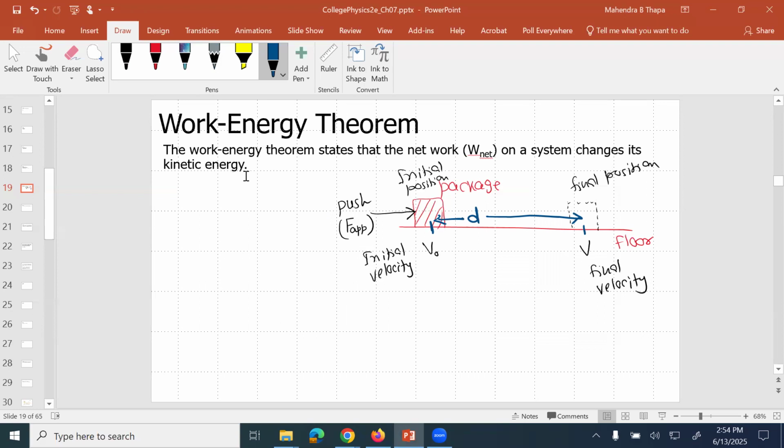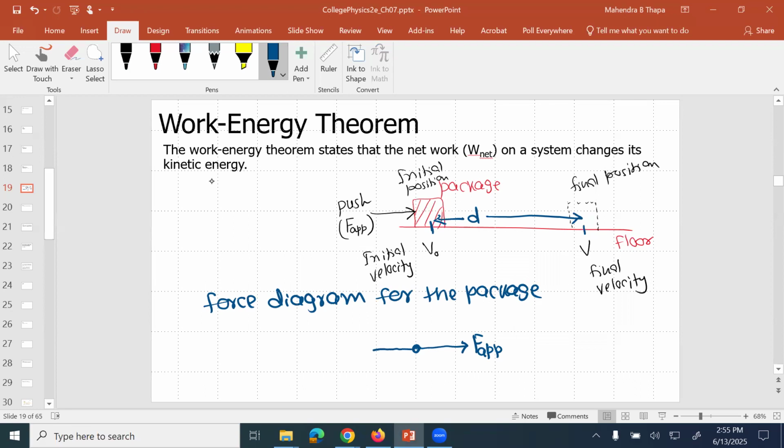Let's draw a force diagram for the package. If the package is represented by a dot, our external force applied is FAPP, applied force.